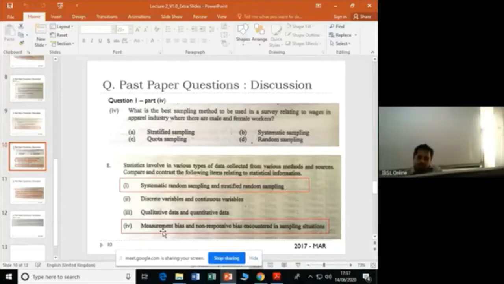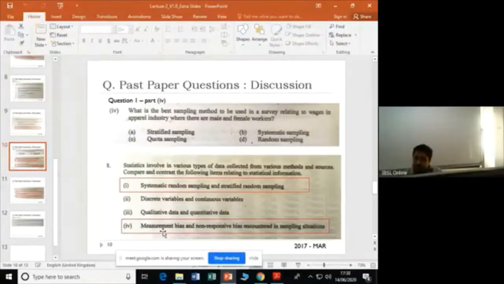Random sampling. What if we take random sampling? What will happen? Here it says male and female workers are evident in the factory that we are going to interview, right? What if the random numbers that we select only give you a bias towards males or females? It will give you an indirect direction, isn't that so?